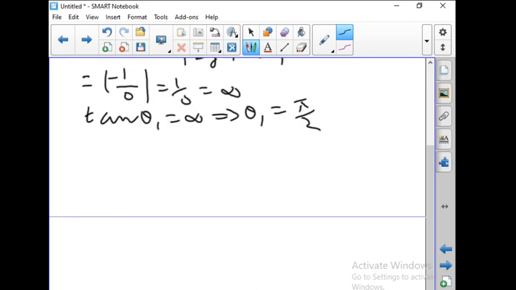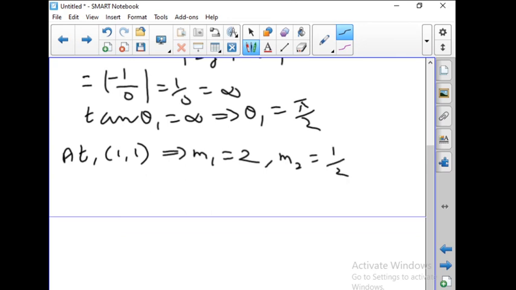What about tan theta 2? At (1, 1), what about m1? m1 is equal to 2 and m2 is equal to 1 by 2. So tan theta 2 is equal to modulus of (2 minus 1 by 2) by (1 plus 2 into 1 by 2).